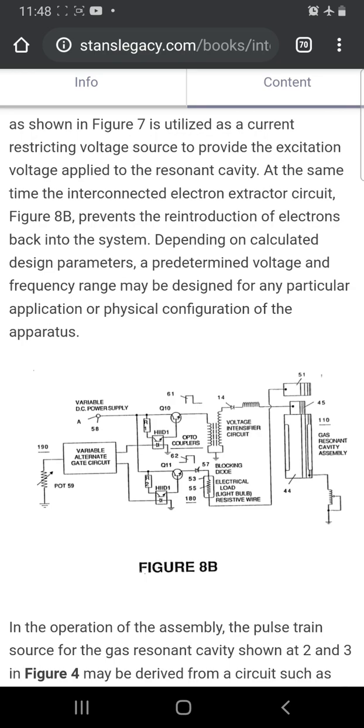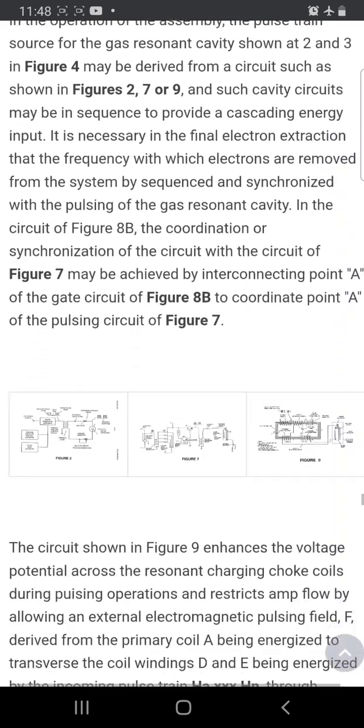And you see there's a flip-flop going on here. If you look at the pulses described just above the optocouplers there, one is gated high at the time that the other one's gating low, and you can see that's described there by the variable alternate gate circuit. So flip flop, one's driving and then the other one's extracting at the time, so pulsing, stealing. We've talked about this before.